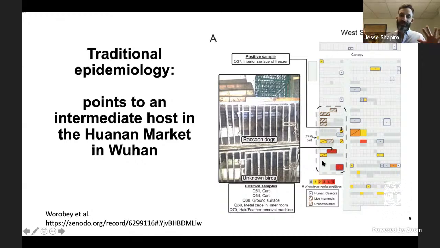So they actually can geographically, at a very fine scale, refine where they think the virus might have hopped from animals into humans. And this is a photo of the animals that were in that location of the market that includes some raccoon dogs and some birds. So this is a really good candidate of where that spillover happened from animals to humans, okay?